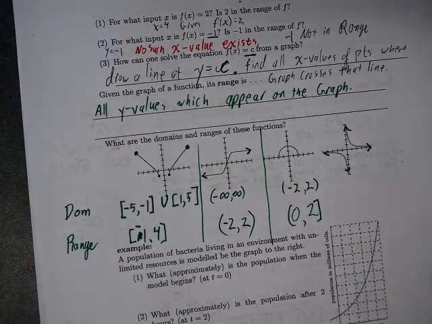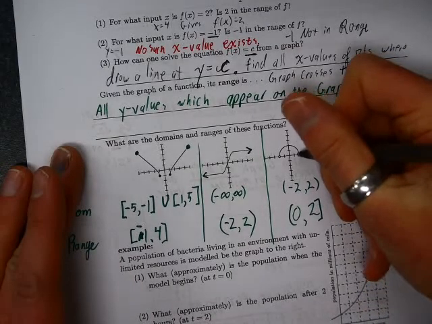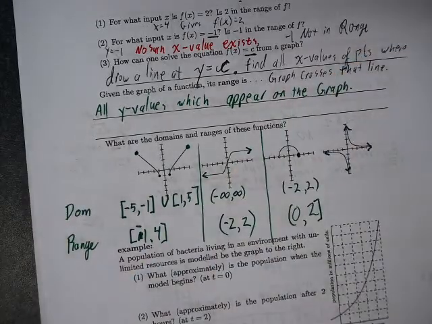People feel pretty okay? What if I want to change it just a little bit? And I know that this is unfair because I'm going to change the example now that you've already written down everything. What if I were to fill in just that circle? How would that change the domain? Include 2. 2 would be included.